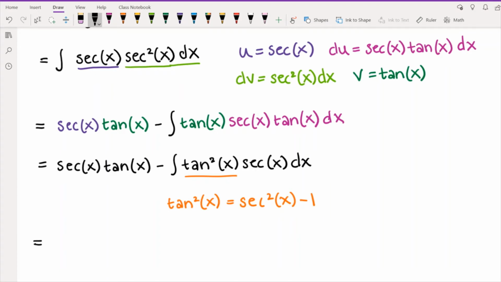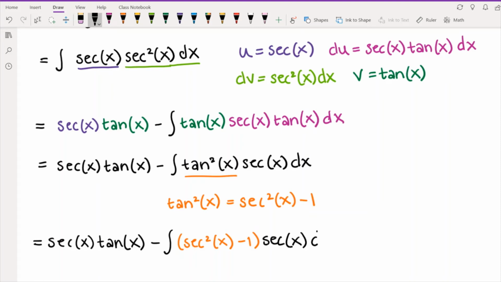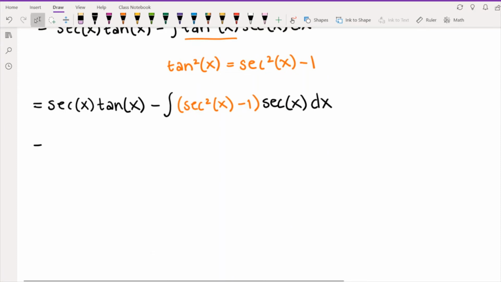Okay, so let's see how that looks. So we're going to have secant of x times tangent of x minus, so now we have secant squared of x minus 1 times secant of x dx. Okay, so let's distribute it like I said and see where that goes.